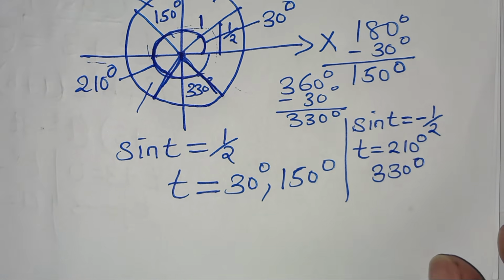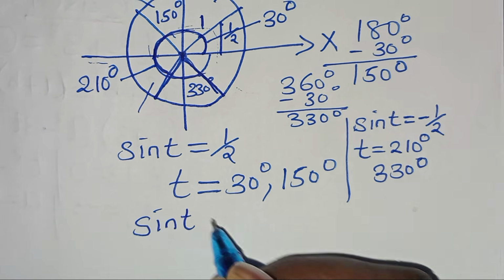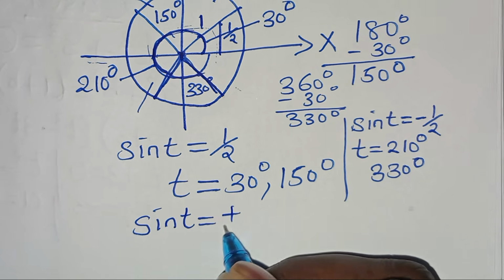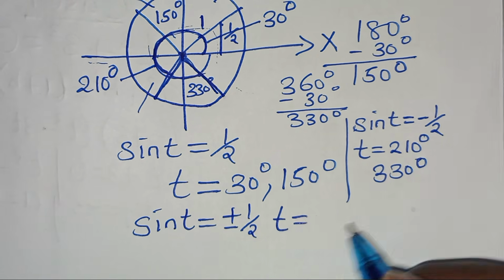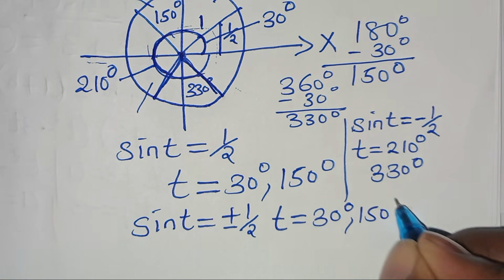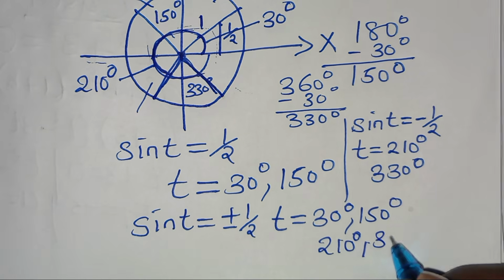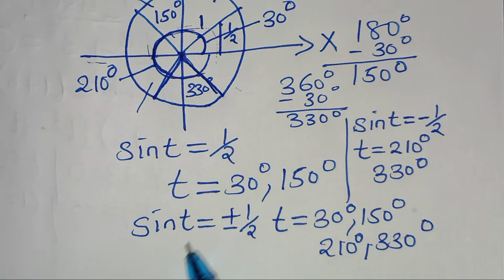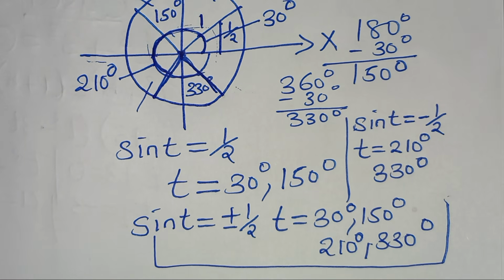Now, to conclude, for sine t equal to plus or minus a half, we have the angles for t equal to 30 degrees, 150 degrees, 210 degrees, and 330 degrees.